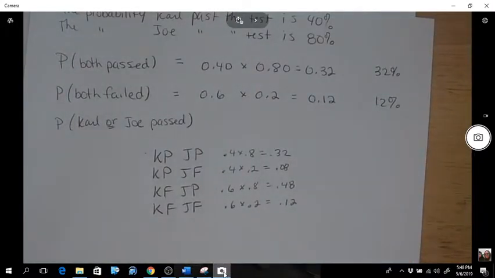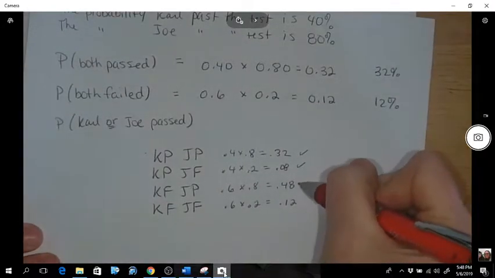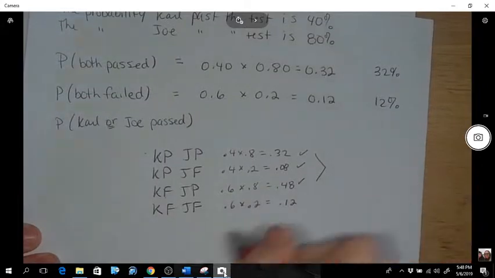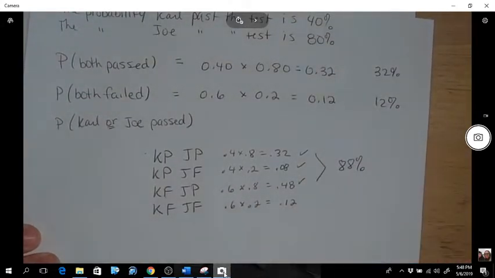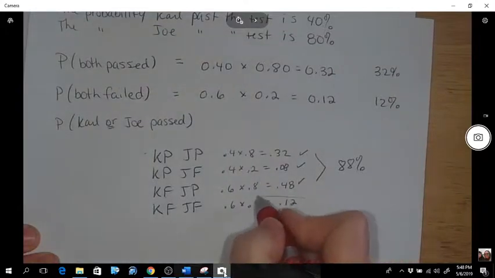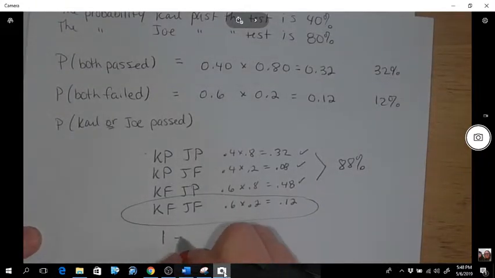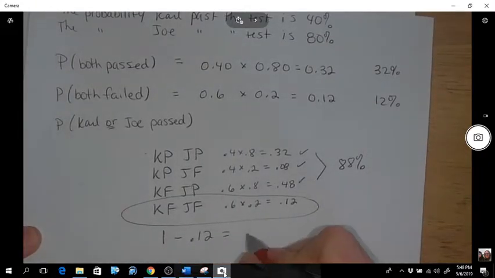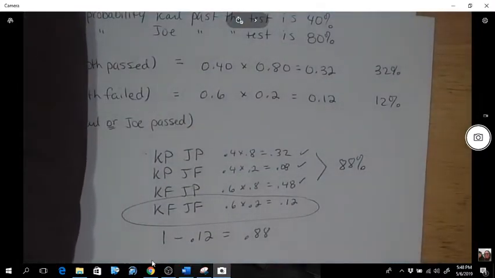Okay, so you can look at this that if at least one of them passed, this would include it, this and this. So altogether, that's 88% chance that at least one of them will pass. Or you could take this is the only possibility that doesn't include one of them passing and subtract it from 1.